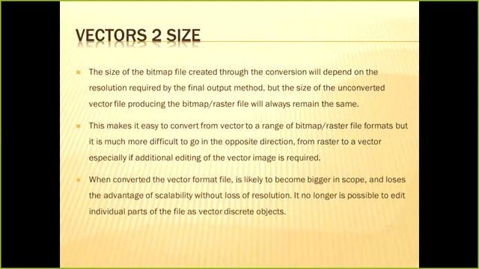But once you convert that into a bitmap or a raster file, you can't edit it as a vector anymore. It becomes part of a bitmap. It becomes part of just a series of dots. You lose the editability that you have. So you can't edit a bitmap in the same way that you can edit a vector.